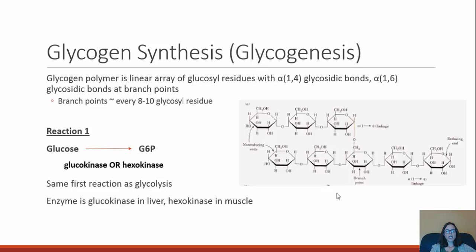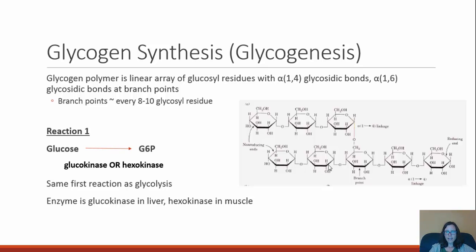So next we're going to talk about how glycogen is formed, which is a process known as glycogenesis. Let me back up. The glycogen polymer is a linear array of glucose residues with alpha-1,4 glycosidic bonds.